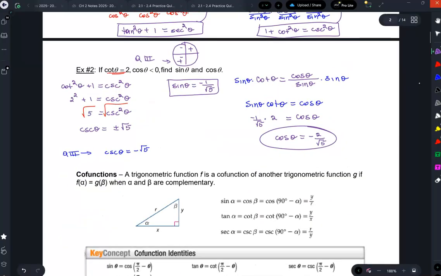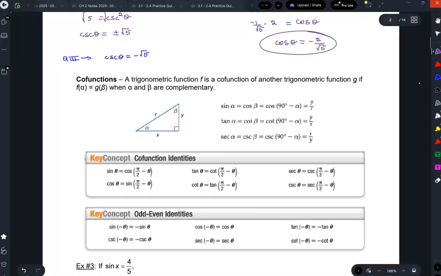Okay, so let's talk about cofunctions. Have you wondered why it's sine and cosine, secant and cosecant, tangent and cotangent? What is the relationship between them?